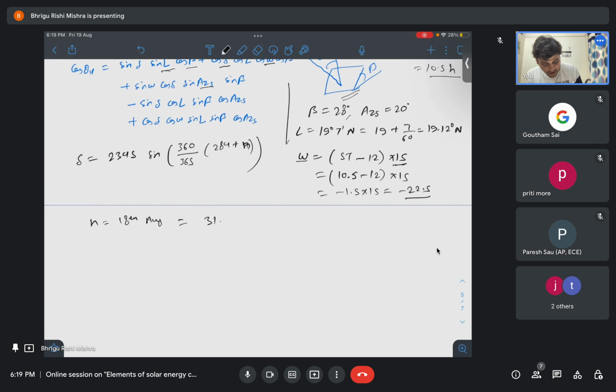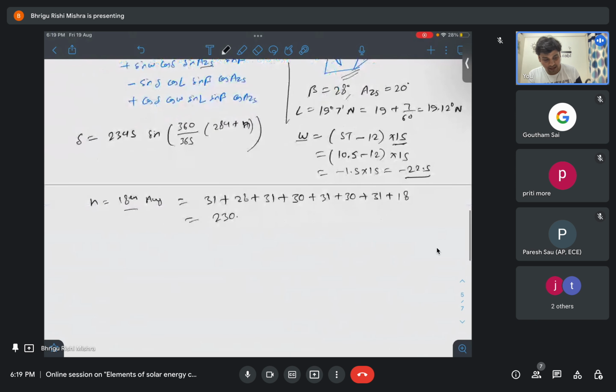January 31, then February 28, March 31, then April 30, then May 31, June 30, July again 31, and then August, and we have 18th August, so it is 18. If you sum these numbers, it comes to around 230. So n is 230, and now we can calculate this delta.